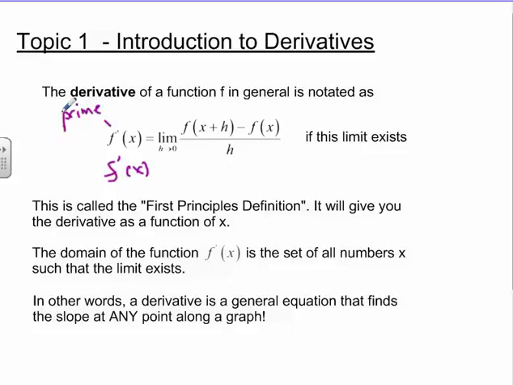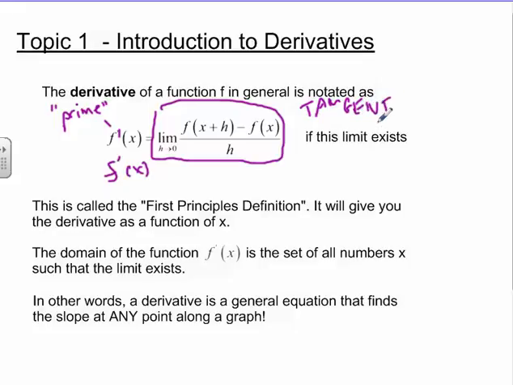That's the vocabulary we'd use for that little dash. So we call it f prime x. That prime didn't show up very well there. The derivative is really this limit notation as you get close to a point.